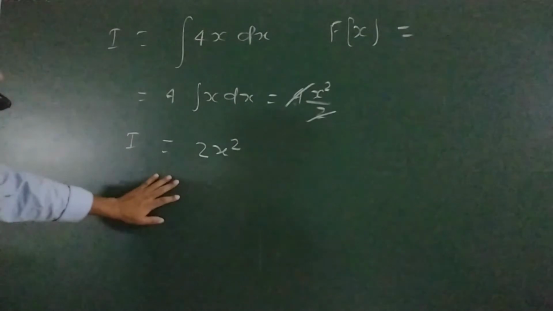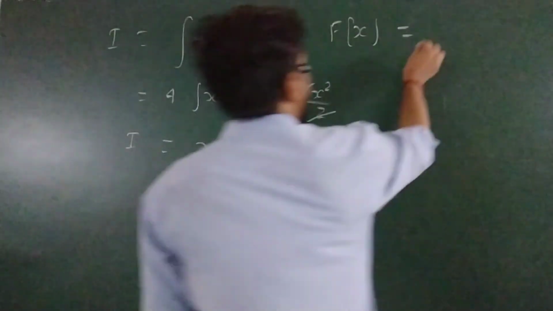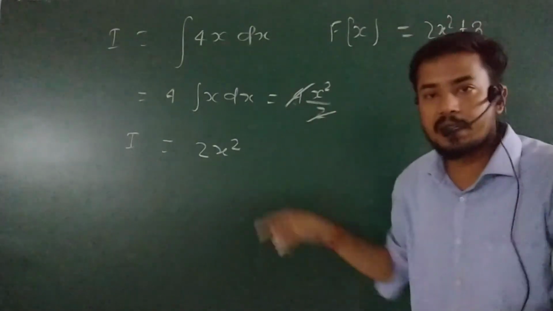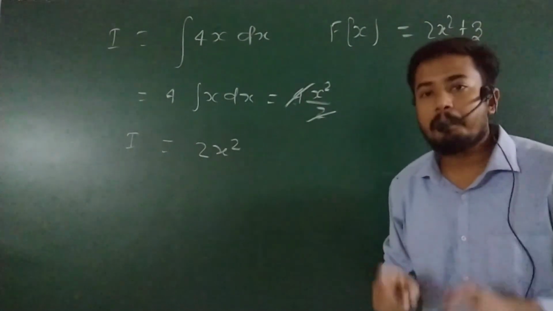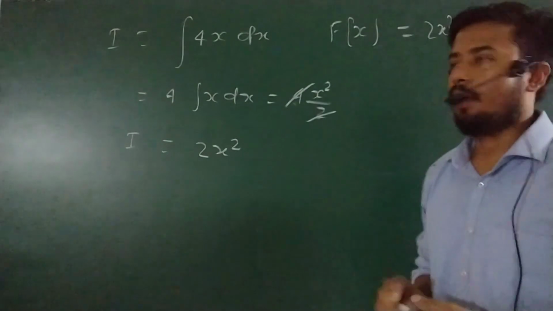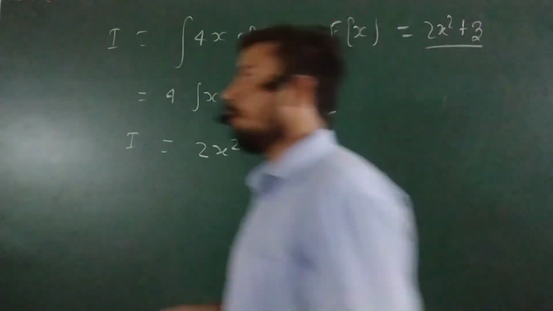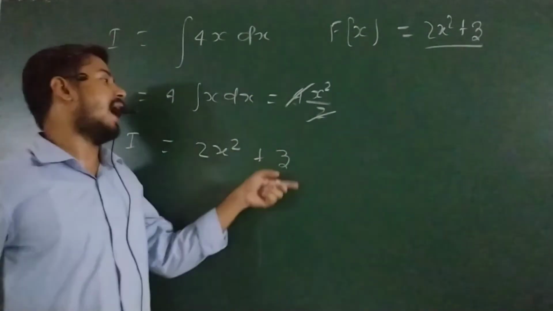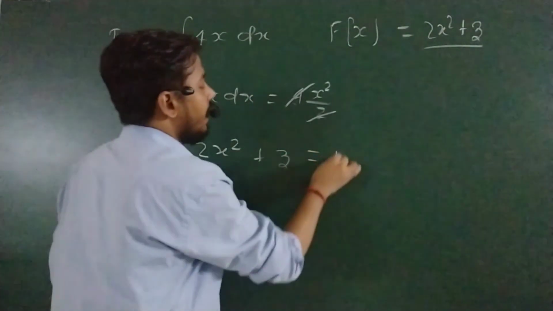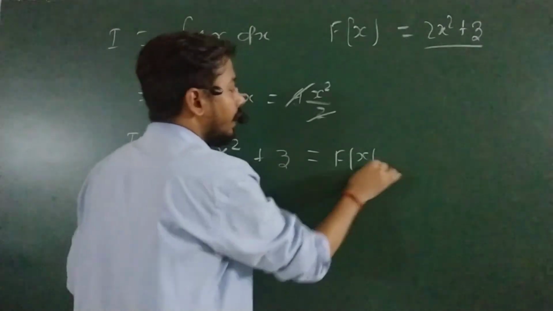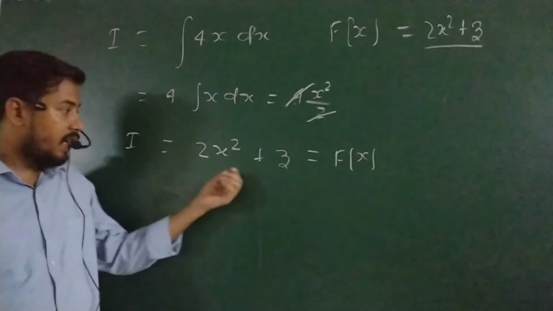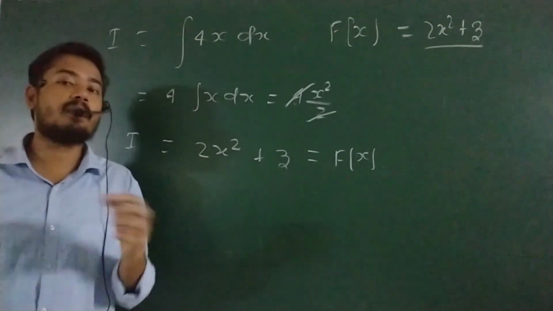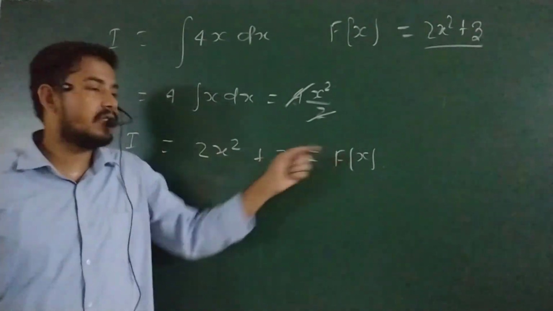So see, after integration, our function should be like 2x square plus 3. But it is coming only 2x square. So after adding something, it becomes like that. What should we add here? We should add 3. If I add 3 here, then this becomes the original function. Everybody, you can see here we have added an extra constant from our side to make the original function.